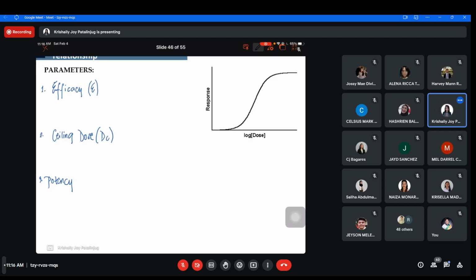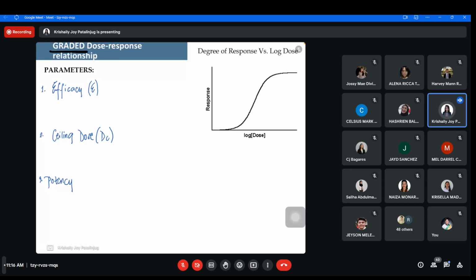Okay. Talking about graded dose-response relationship, based on the term itself, di ba sabi, graded, meaning we are increasing here. Graded, di ba? Gradually, level up, increasing gradually in proportion.